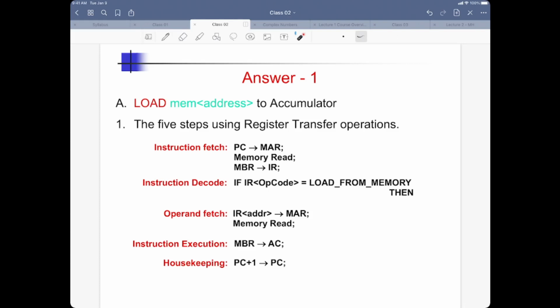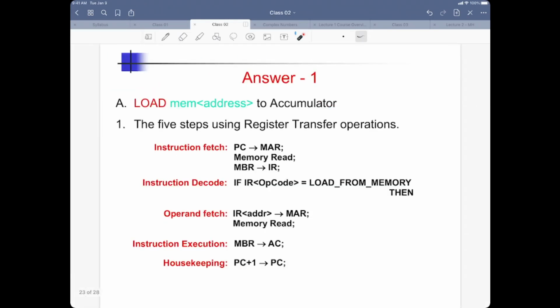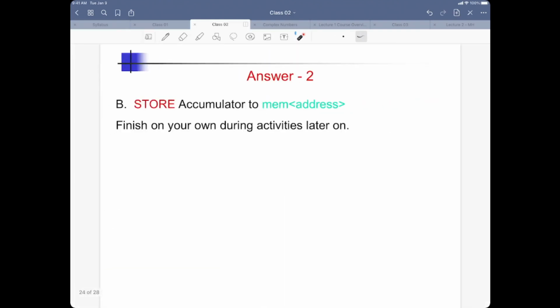Can you see that? Yes. Okay. So activity 2 is going to be for your store accumulator, and there are a lot of hints here. You can take a lot of things from here and change a few things like we just discussed. That's going to be your activity.